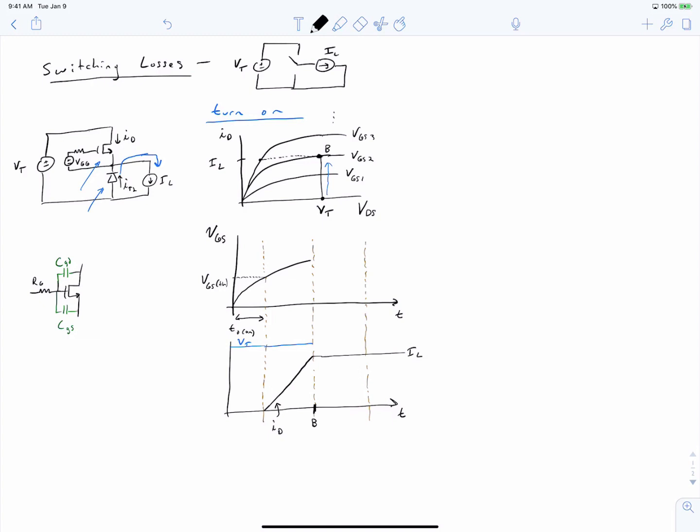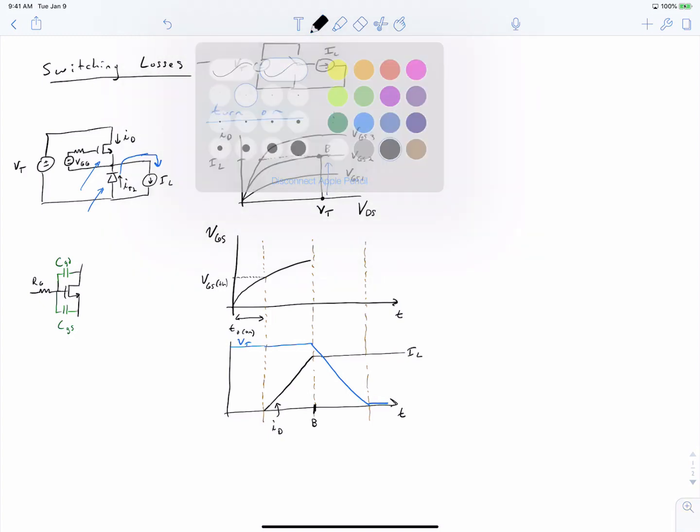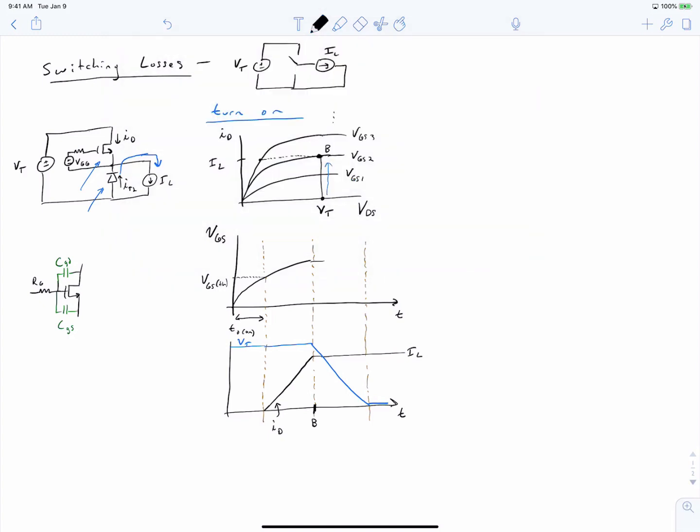So our MOSFET drain to source voltage, it turns out, is going to ramp down. And while the drain source voltage is ramping down, the gate source voltage actually remains fixed exactly at the gate source voltage required to obtain IL. So exactly at this point B on the top.